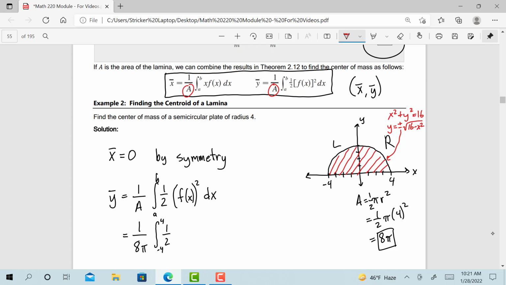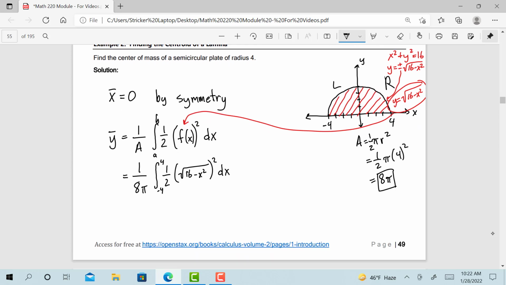So y is going to be equal to the square root of 16 minus x squared. That is what we're going to put in for our function, because that's what defines our area. And so this is going to be the square root of 16 minus x squared dx, and that'll work out nicely because the square root will be canceled out by the square.